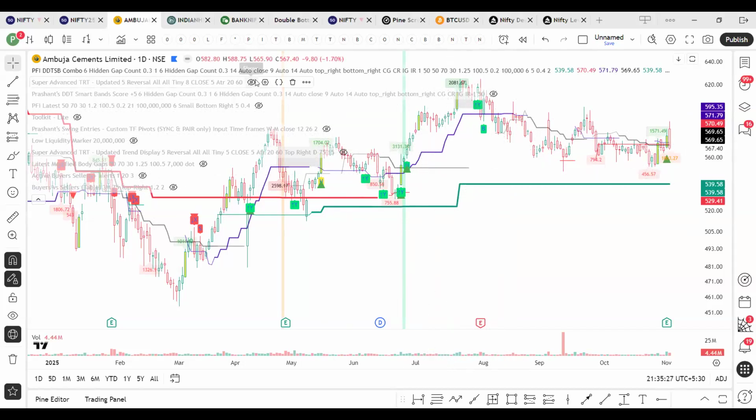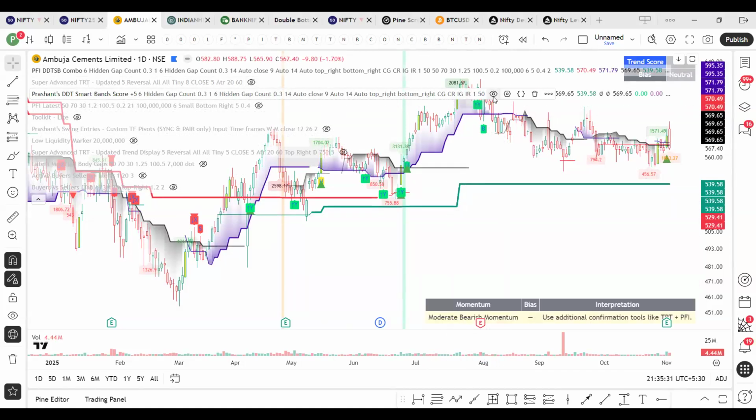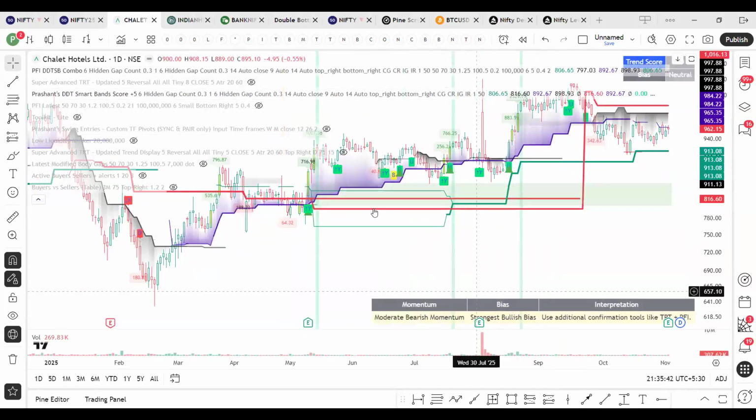So I think there is some issue from the TradingView side, because the code is exactly the same, but the printing is different on two different charts. Here both the bands are exactly the same, and in some charts like here it's different. You can notice two different thick red lines, and the green lines are also different.